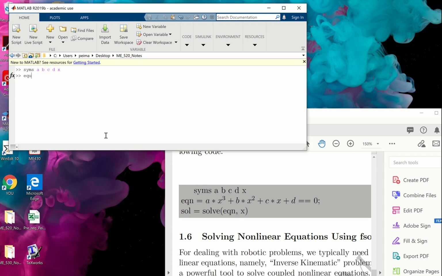Now I said equation, this is the command, is equal to A x to the power of 3 or cube plus B multiplied by x square power of 2 plus C in x plus D, that's right, is equal to 0. Don't forget, when I say equal to in Matlab means this command, 2 equals, okay? This is the equation that you get, okay?